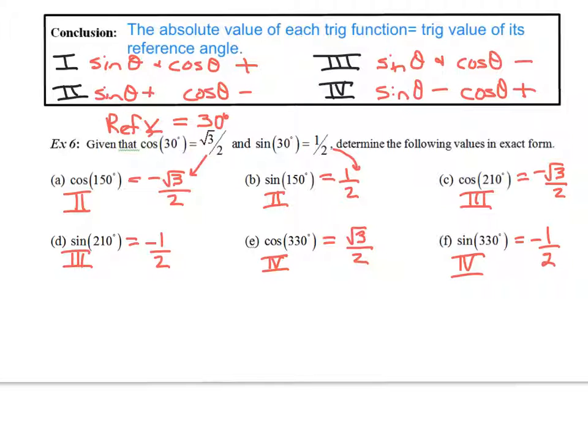So take a look at those and see how those pieces all fit together when we talk about the reference angle, the ordered pair on the unit circle, and also whether sine or cosine is positive or negative in each quadrant. So we need all those 3 pieces to fit together to be able to get these exact value answers for sine and cosine.